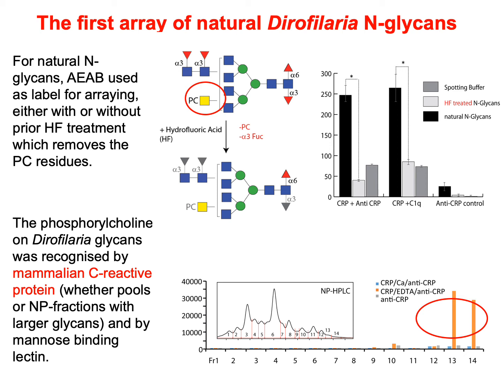It's regardless of whether we had glycan on the slide, then C-reactive protein, then anti-C-reactive protein, or glycan on the slide, C-reactive protein, C1q, which is the first component of the complement cascade, followed by anti-C1q. If we fractionated the glycans with regard to size, we could find that the largest glycans are those which most recognized the CRP.